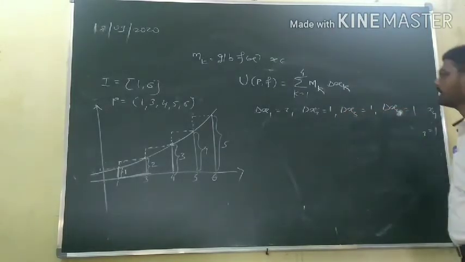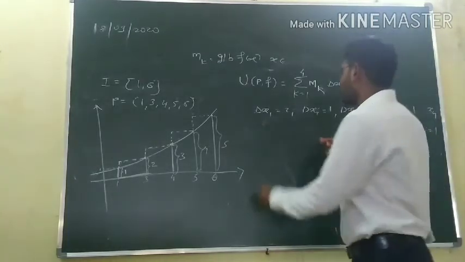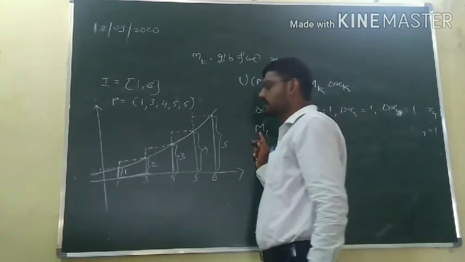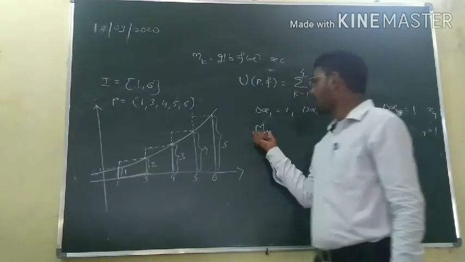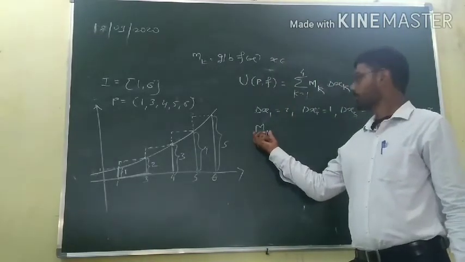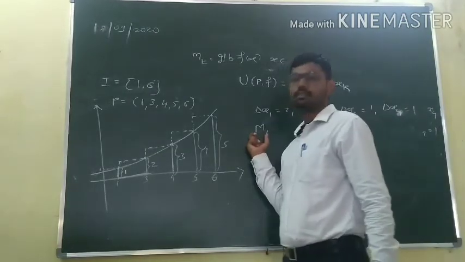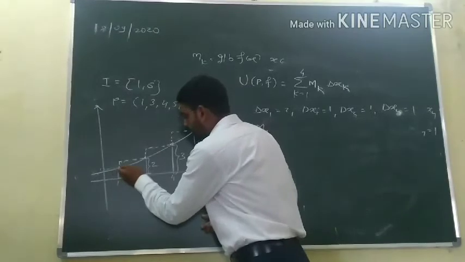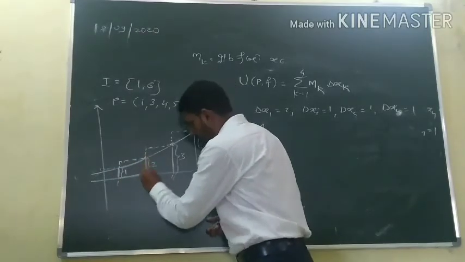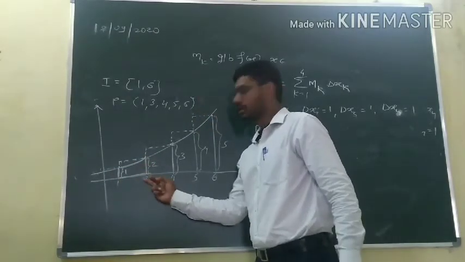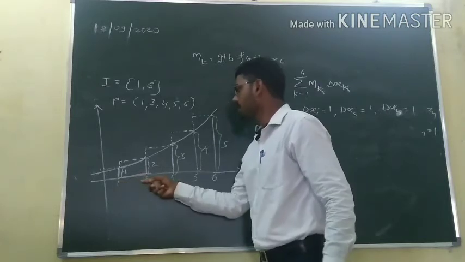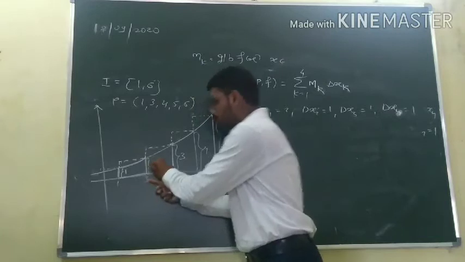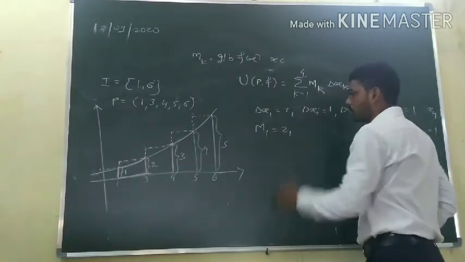Okay, now we have to find the capital M values. So what is M1? M1 is the maximum value or least upper bound of the function in the first segment. So see the graph. In the first interval, 1 to 3, the maximum value occurs at this point, which is given as 2. So M1 becomes 2.